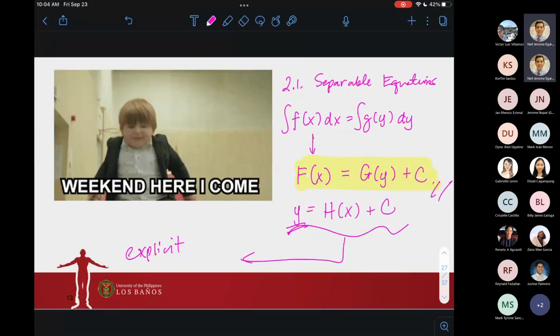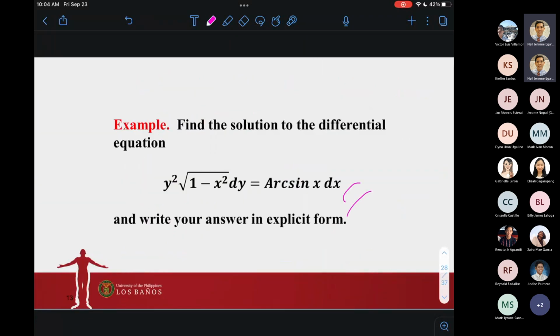Okay? So to refresh our memories a bit, let's try another example of separation of variables. Okay? So tingnan natin, ano yung solution ng differential equation? The y squared square root of 1 minus x squared dy equals arc sine x dx. All right? You can clearly see that this is separable kasi ano lang problema. Okay na yung right side, no?